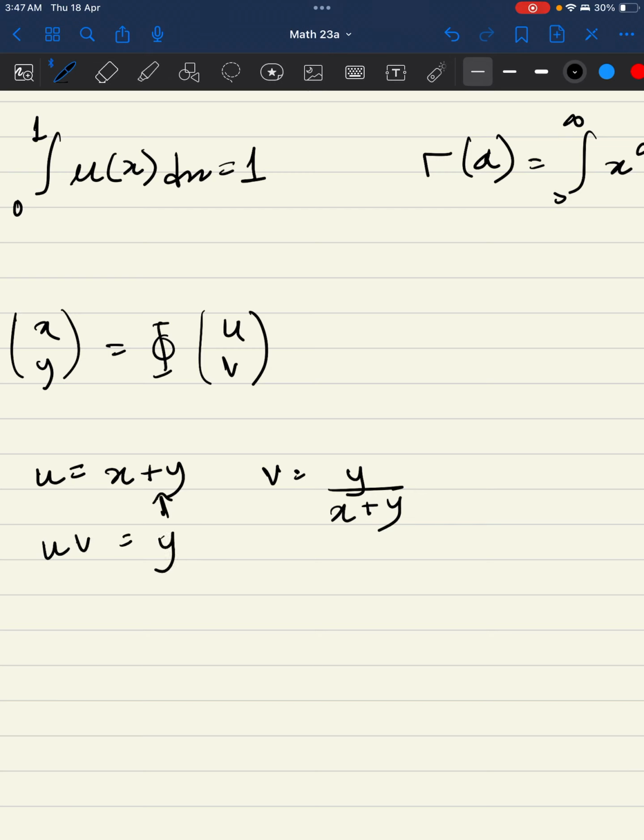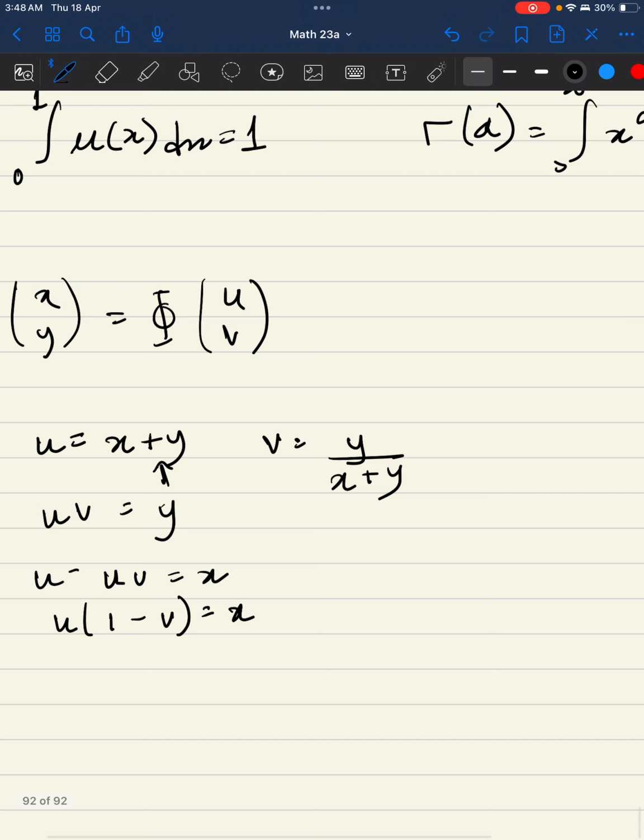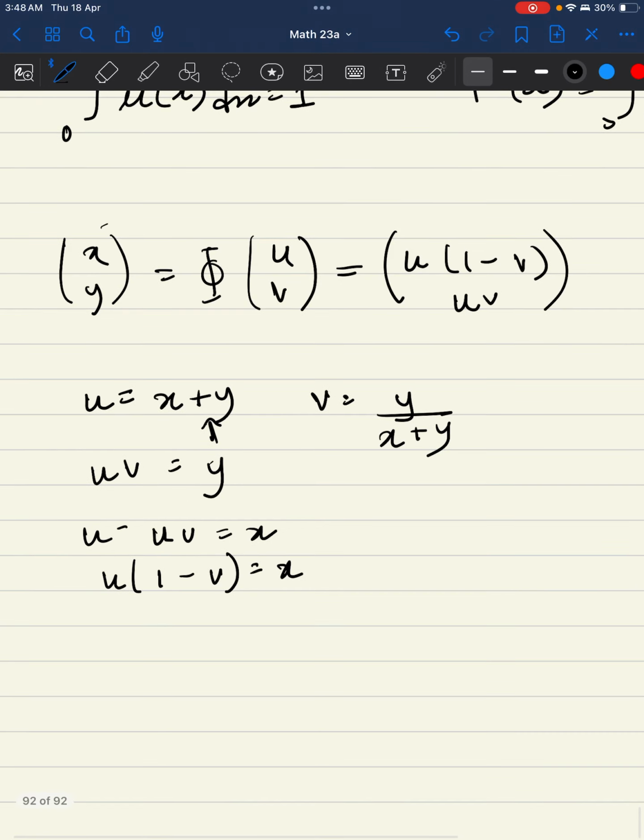Substitute this back in, so this gives us u minus uv is equal to x, so u times 1 minus v is equal to x. This is just nifty to have while we go about doing these things. So substituting these derived values back up top, we can write down the transformation as u times 1 minus v, and uv.